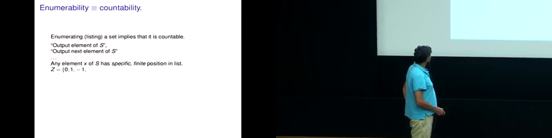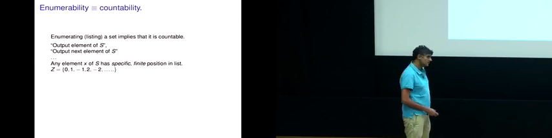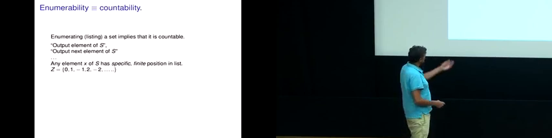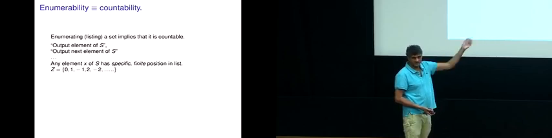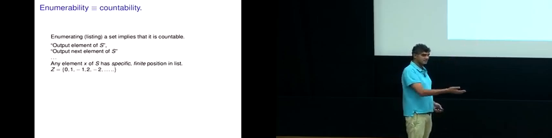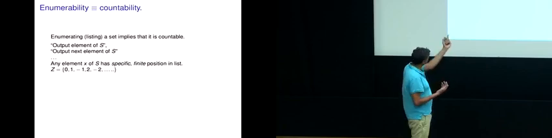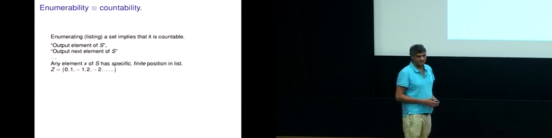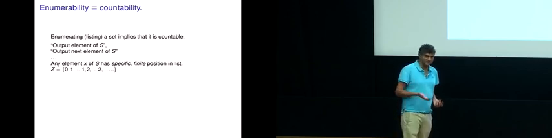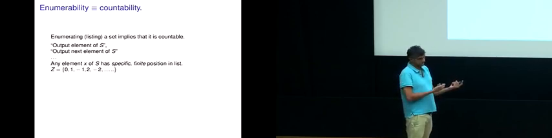So 0, 1, minus 1, 2, minus 2. This is the listing we saw before. We can just continue this pattern and you know you're going to get to everything, because it's a procedure: you increment 2 to 3 and write down 3 and negative 3. If you think about K, it'll be in position roughly 2K.